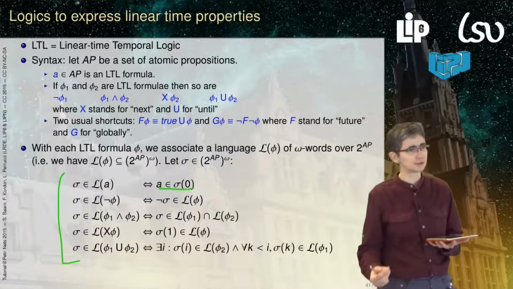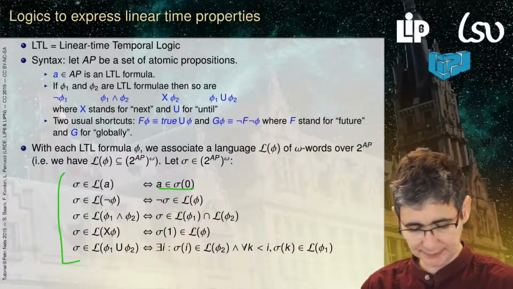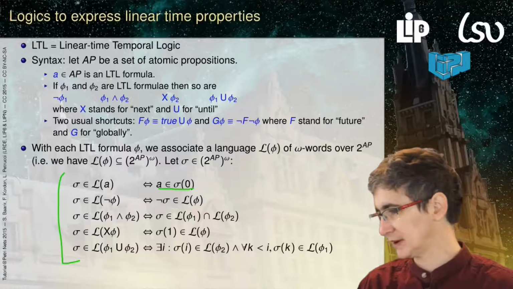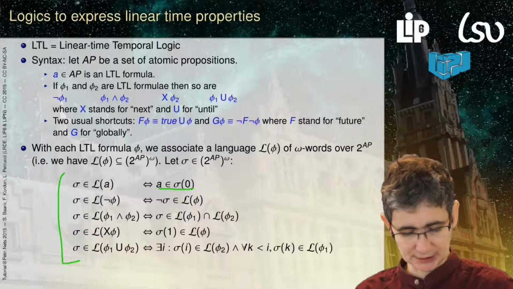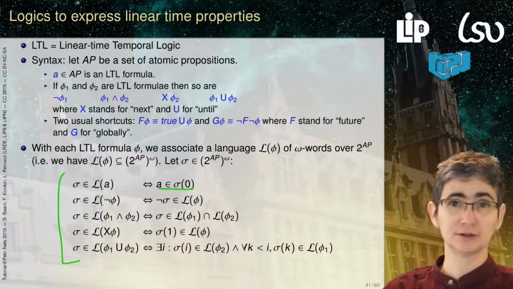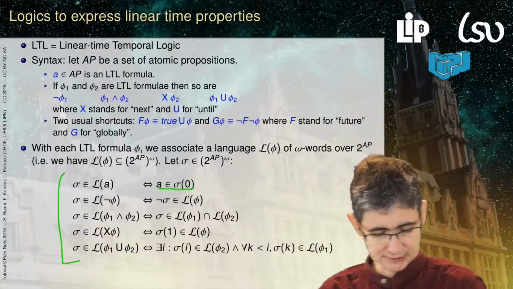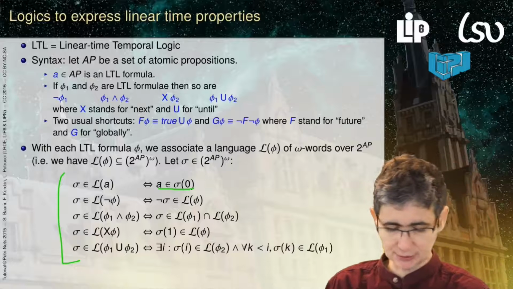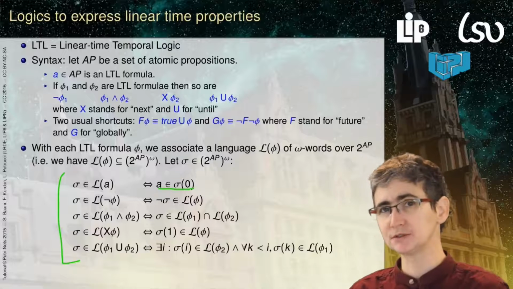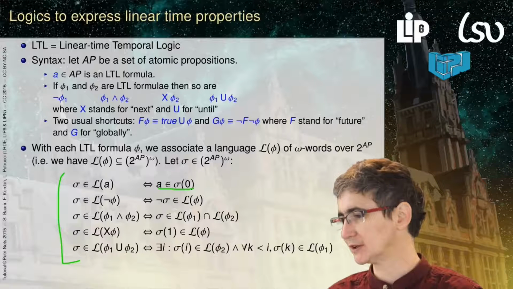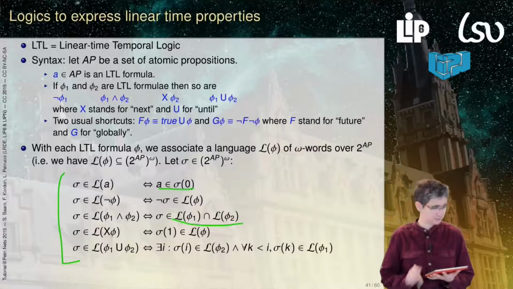Now, for the negation of a formula phi, we have to verify that sigma is not in the language of phi. For phi1 and phi2, it boils down to saying that the sequence is both in the language of phi1 and the language of phi2, so in the intersection of the 2 languages.